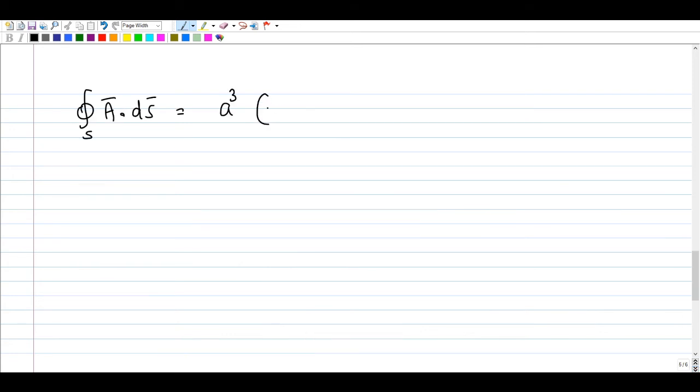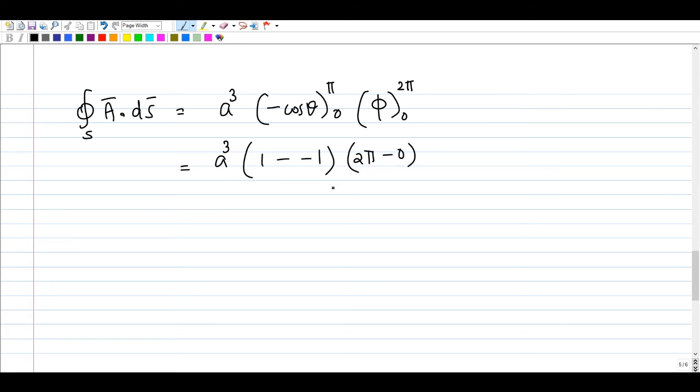Integral of sin theta is minus cos theta, limits are 0 to pi, and integral of d phi is phi, and the limits are 0 and 2 pi. So if you apply the limits, you will get 4 pi a cube as the left hand side. So LHS is 4 pi a cube.